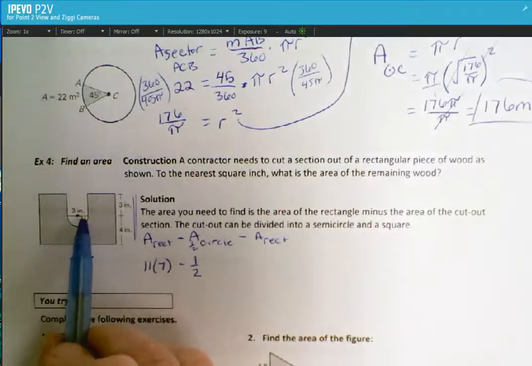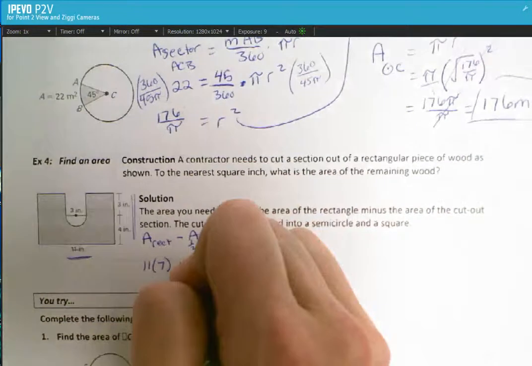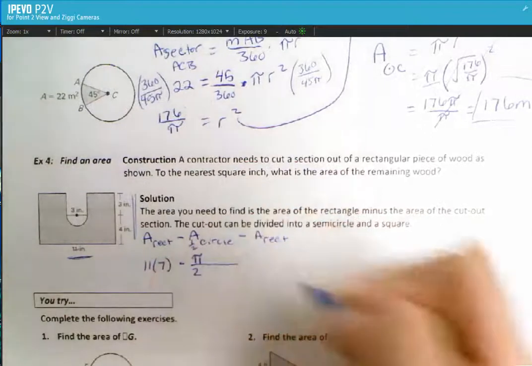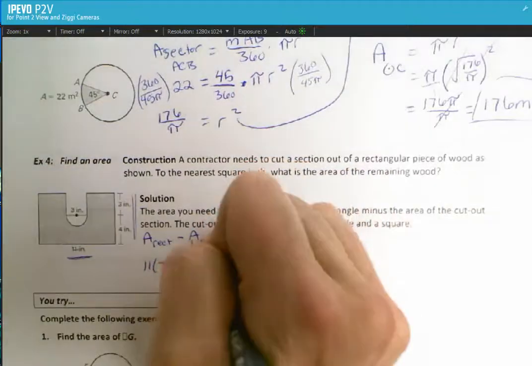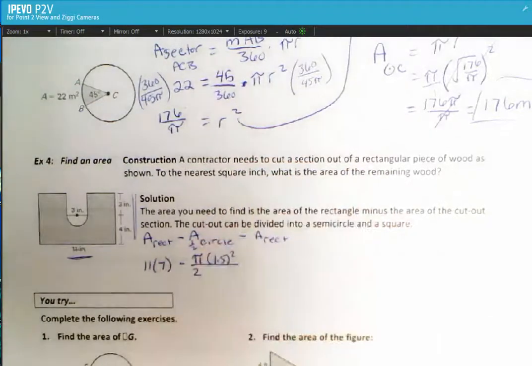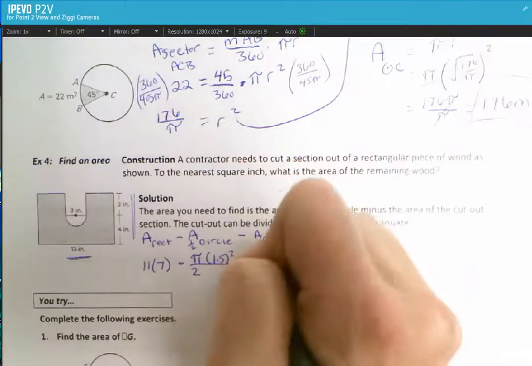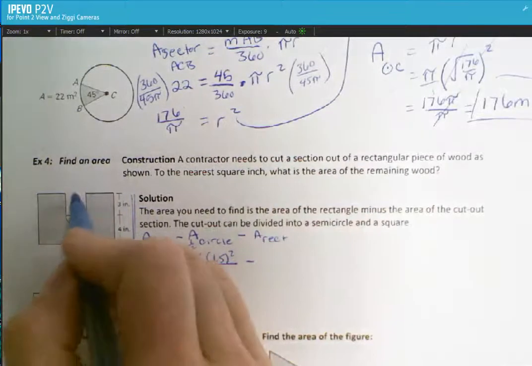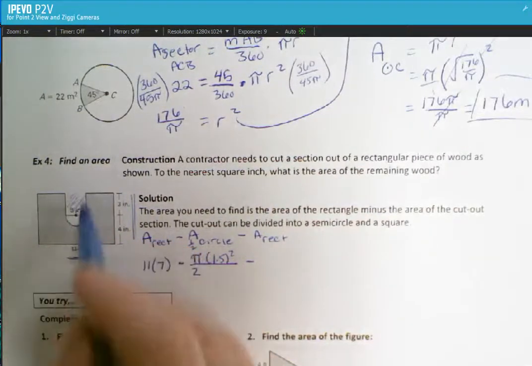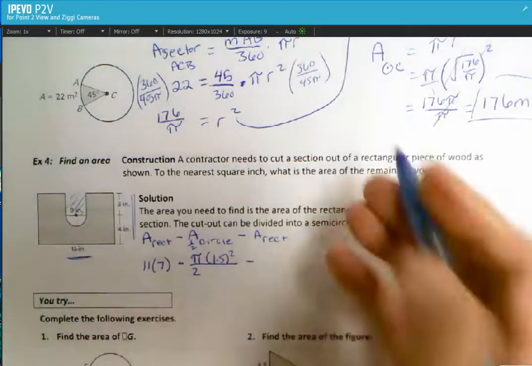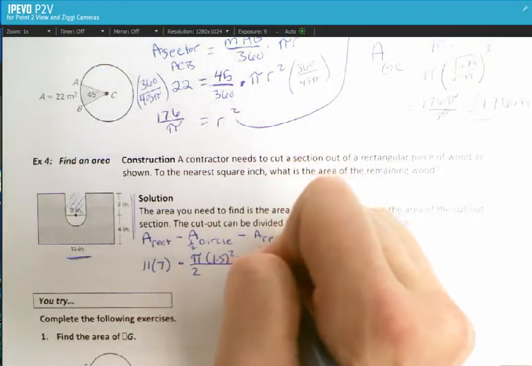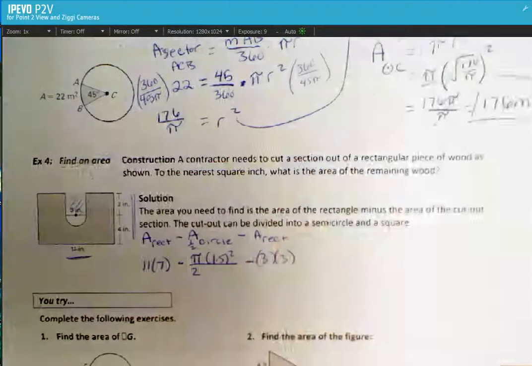Pi and r must be 1.5. So I'm going to have over 2, up here I'm going to have pi and 1.5 squared. And then I'm going to take away an area here. So I'm getting rid of this top little rectangular piece, which I know is 3 by 3, so it's really a square. So 3 times 3 is the area of that baby square.